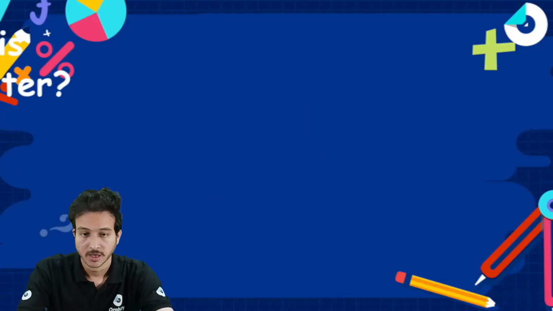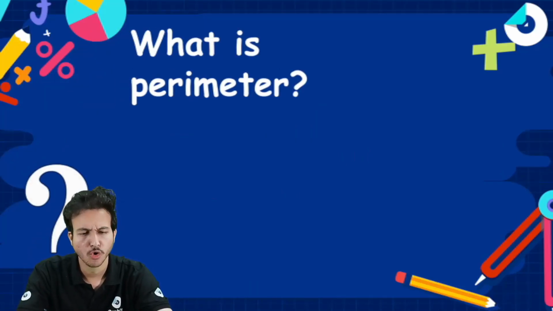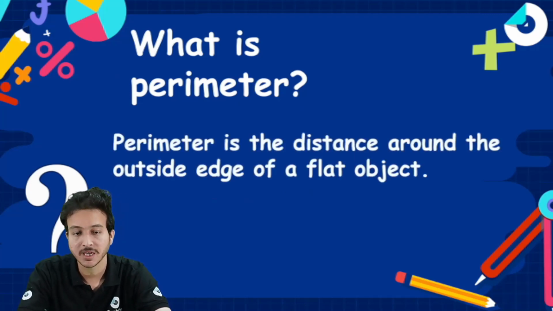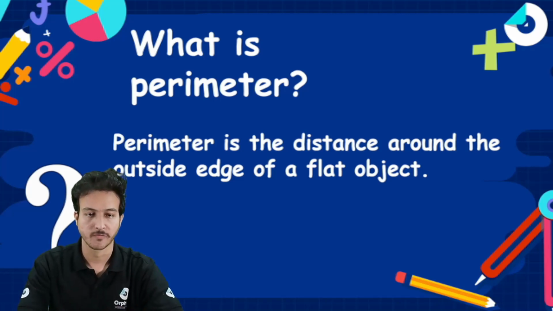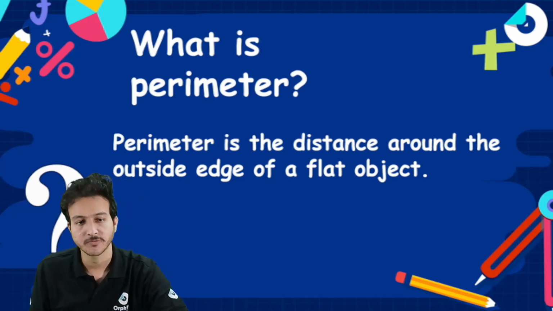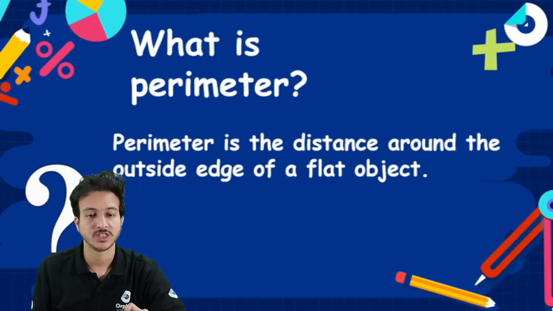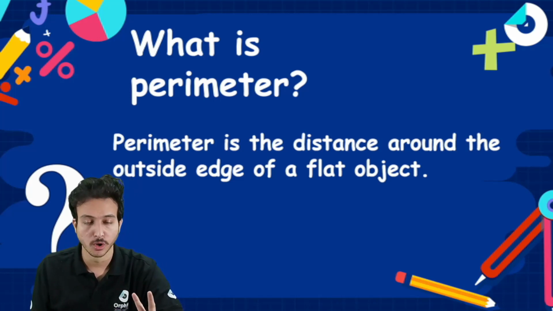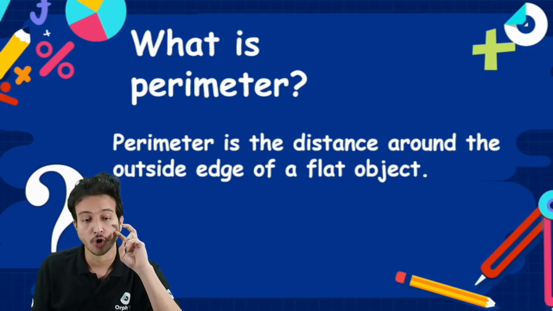Now let's see what this term is. Now you all have heard of a term perimeter. Perimeter is nothing but the distance around the outside edge of a flat surface. What is a flat surface? A surface which has only two sides, which has length in only two directions.